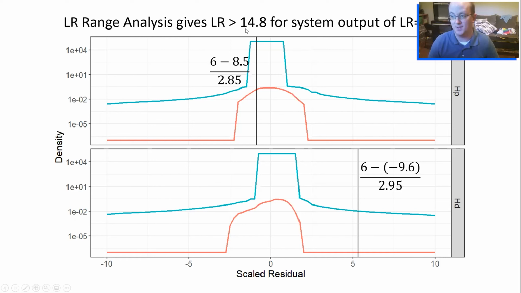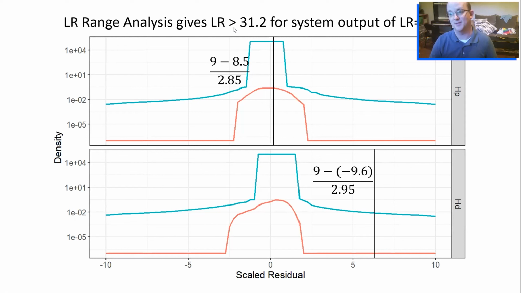And so that's where this value of 14.8 comes from. In the background, there's a scaling factor applied to the densities to make sure that they integrate to 1. Bottom line, for a system output of 1 million, the LR range analysis would say that the LR is at least 14.8 and could be as high as infinity.